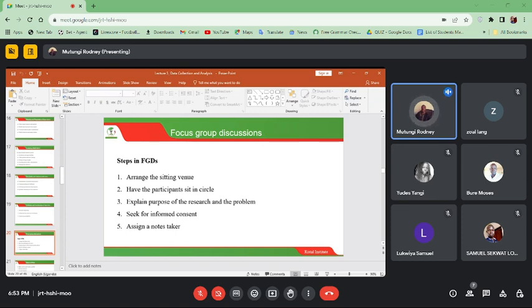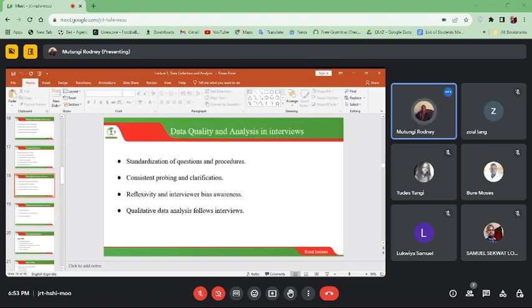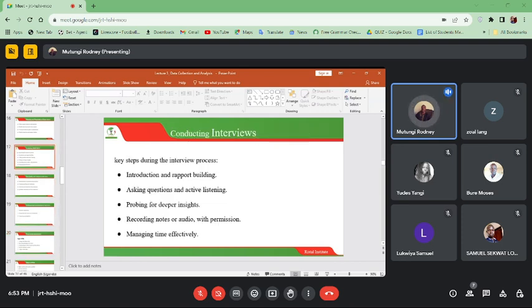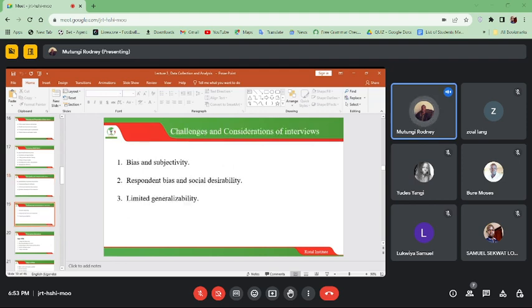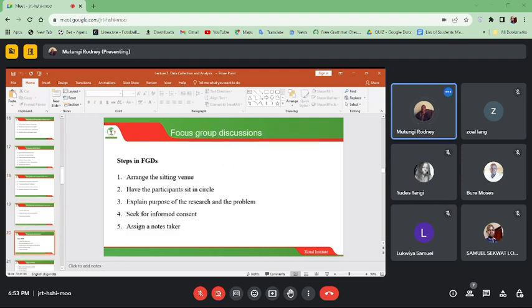So that was interviews, and you saw their strength in bringing in that in-depth data that we might need, and their limitation in terms of bias. And now when we look at focus group discussions, you like the names, I guess, you are going to put the target population or the sample that you are going to focus on into groups.